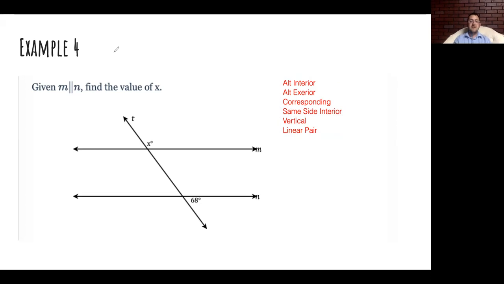So the good news is if you cannot find the angle that they are asking for, make sure that you solve for angles that are easier to solve for.